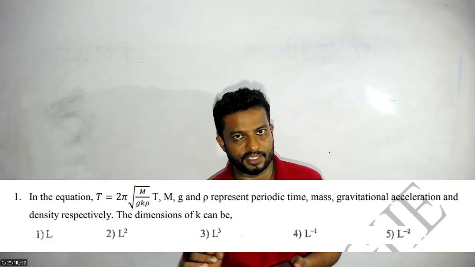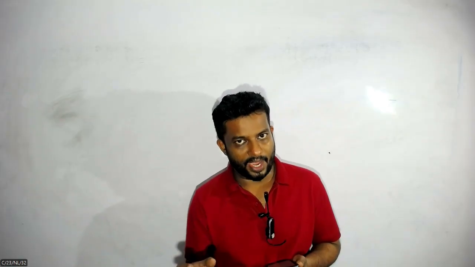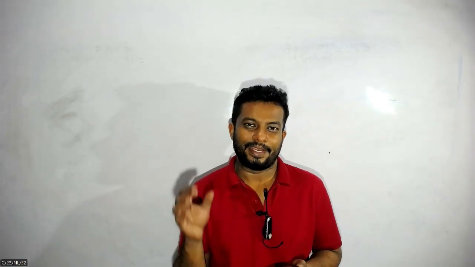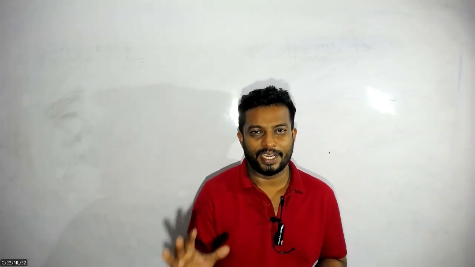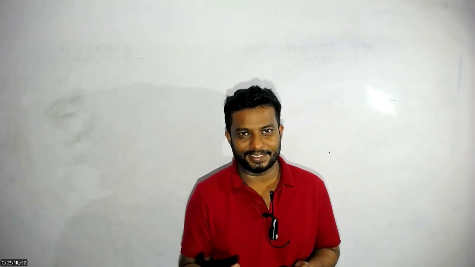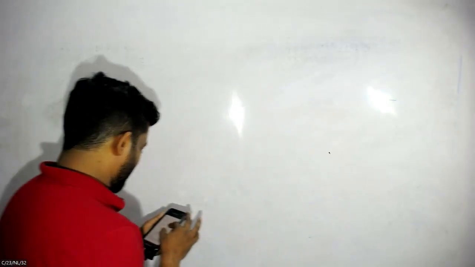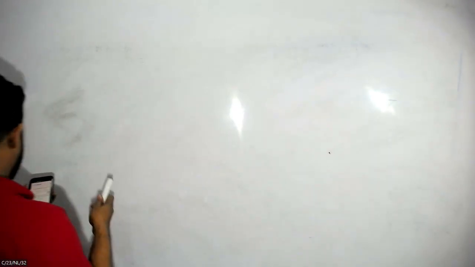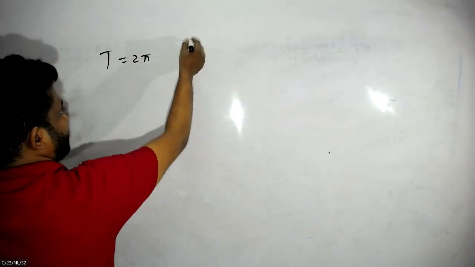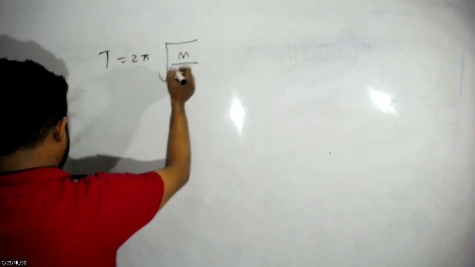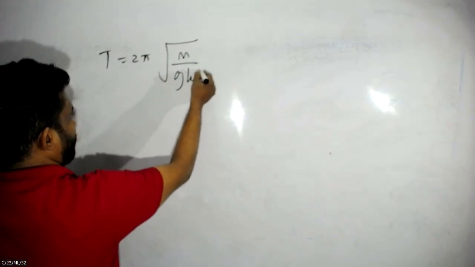When you find the dimensions of the unknown term, first you have to make it the subject. Then you can substitute the dimensions of the known terms. Then you can find the dimensions of the unknown term. Right? Right. Look, son. T equals 2π square root of M over gKρ.